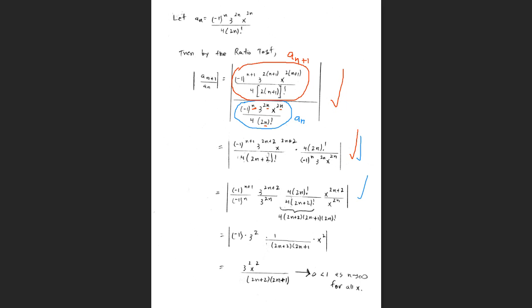And then the 2n plus 2 factorial is the same as 2n plus 2 times 2n plus 1 times 2n factorial, because 2n factorial is just 2n times 2n minus 1 times 3 times 2 times 1. What happens is the 2n factorial simplifies out with the 2n factorial, and the 4's also simplify out.